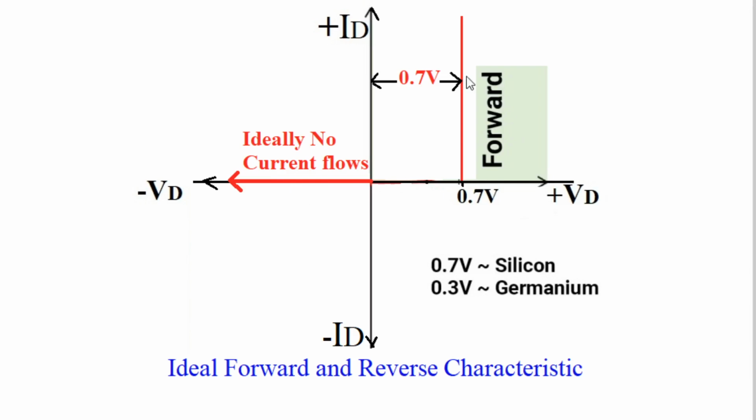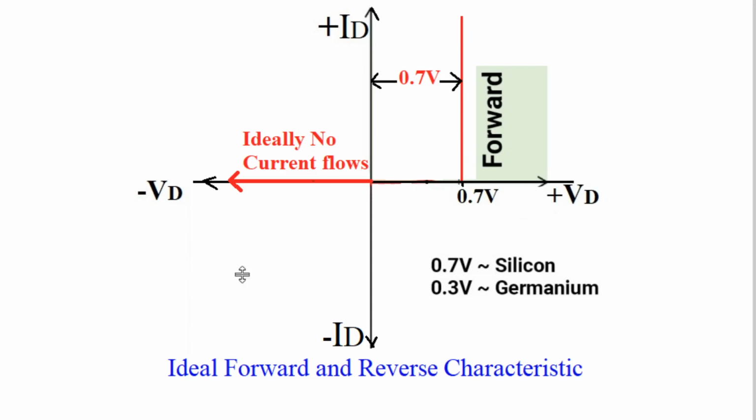Here we have shown both: the third quadrant reverse characteristics and the first quadrant forward characteristics. In the forward characteristics, ideally, up to 0.7 volt, the positive current ID is zero. Exactly at 0.7 volt, the current starts flowing.